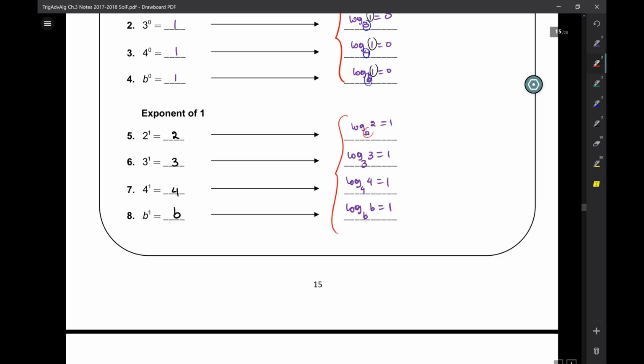The bases are changing. Right? But the base and the value are the same. You get a 1, right? Log 2, 2, you get a 1. Because you're always asking, this base to the power of what will give you the same thing? Well, it's a 1, all right? So always remember, log BB will give you a 1.